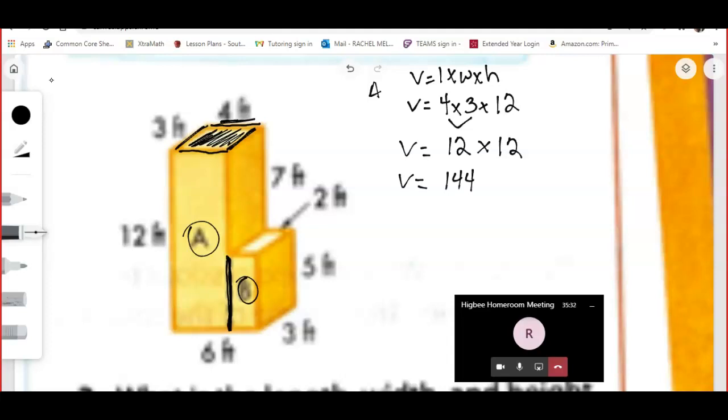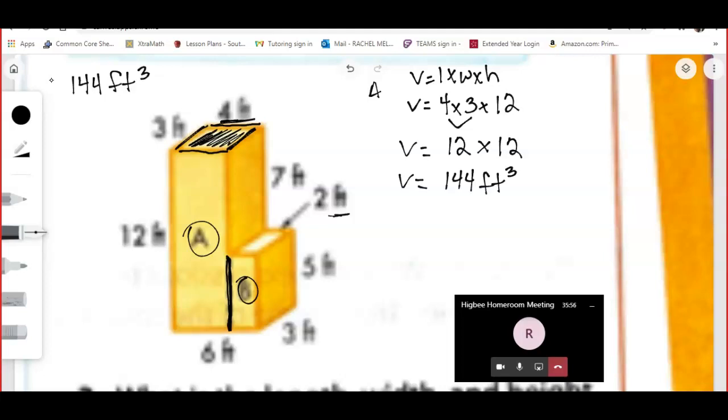And what's my unit of measure? Feet. Inches. Look. It's cubic feet. So A is 144 cubic feet. Any questions on A?